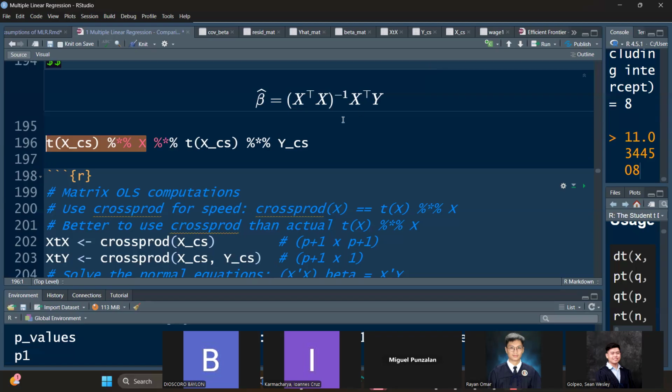This one, because we have here X transpose times X. This is the X transpose, and then times X. Multiplication is percent-times-percent. So this one, class, is X transpose times X, but without the inverse. So how do you get the inverse?